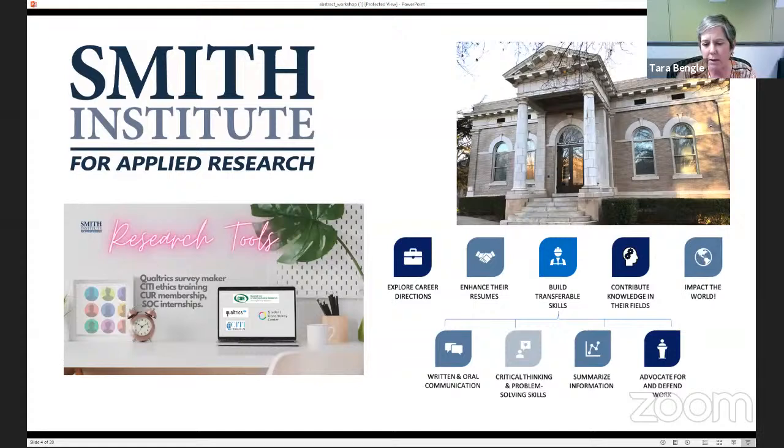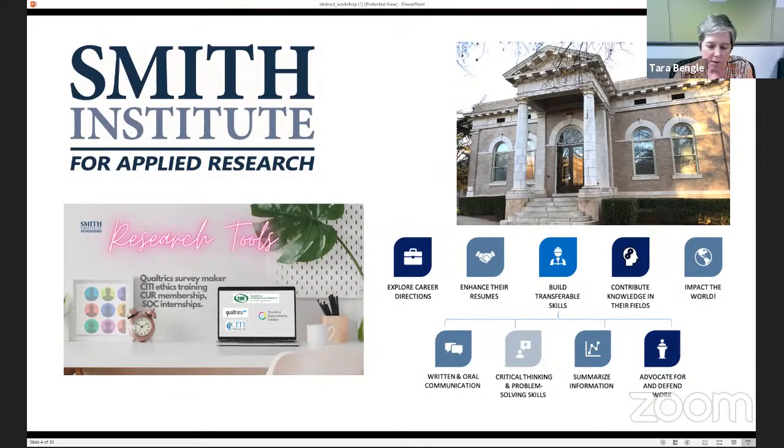You also build a lot of transferable skills through your engagement in research. These can include written and oral communication, because you're going to oftentimes be writing a report. Today, we're talking about writing an abstract. Many times students also present their work through oral presentations. Research teaches us to be critical thinkers, and also it improves our problem-solving skills. These are all things that we want to promote as we're applying for jobs.